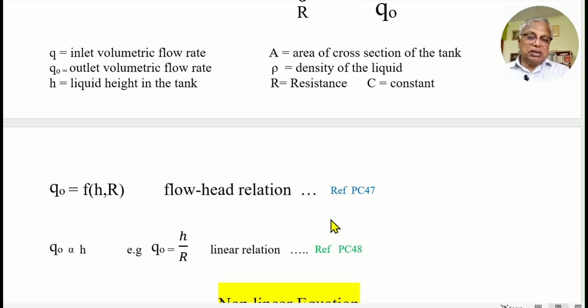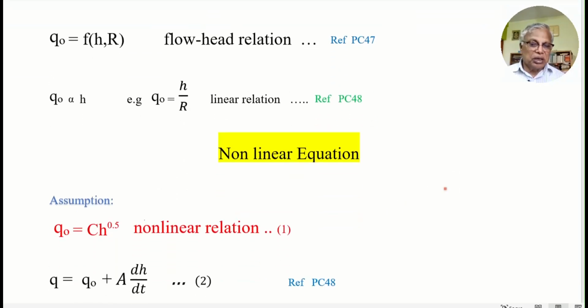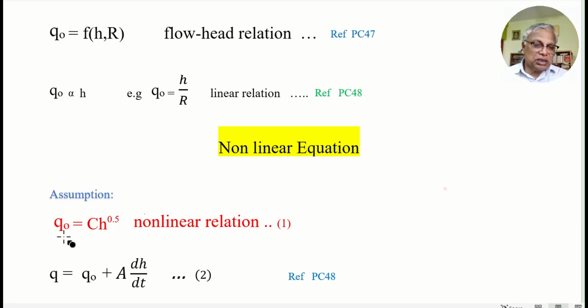Now let us take a nonlinear relationship and see how we derive the transfer function. Let us say we have a nonlinear equation for the flow-head relationship. I'm going to take a nonlinear relation of the form Q naught equal to C into h power 0.5.